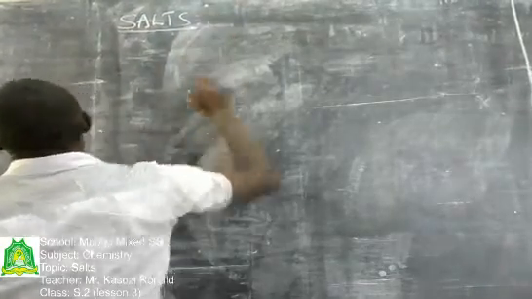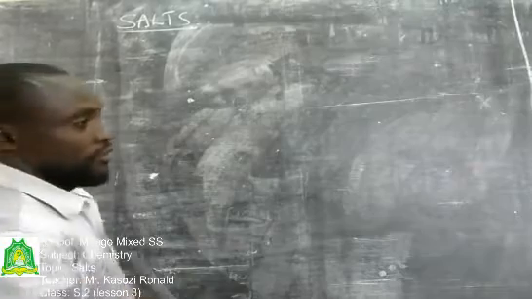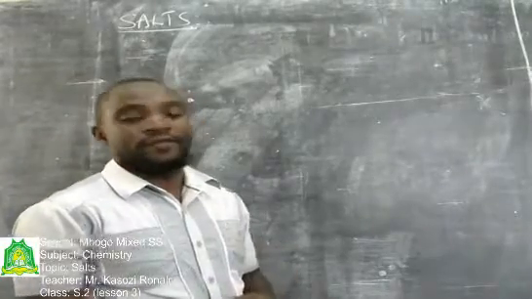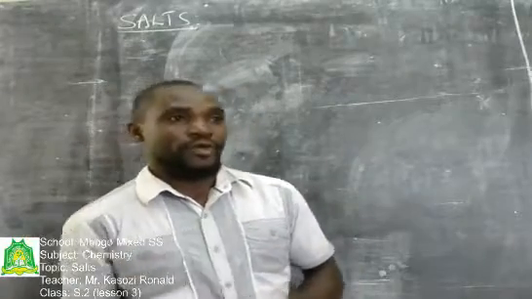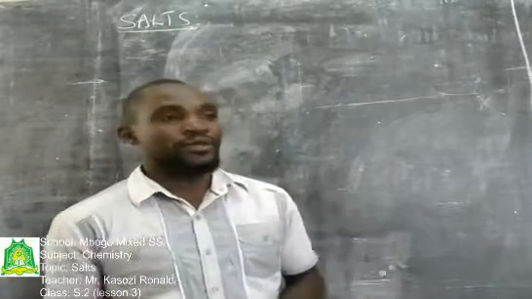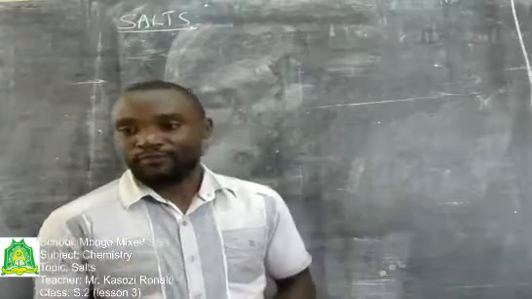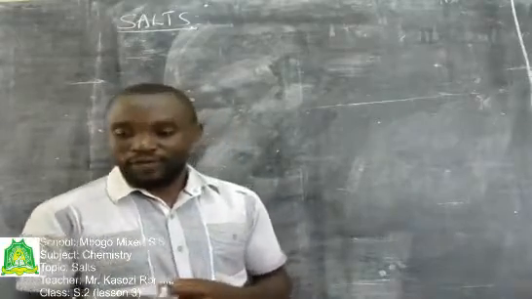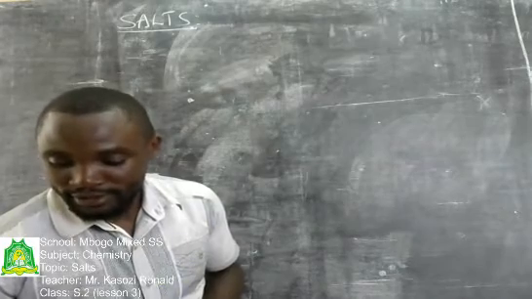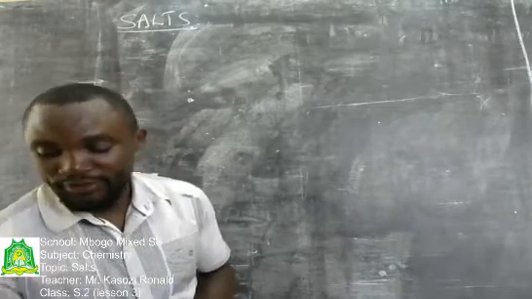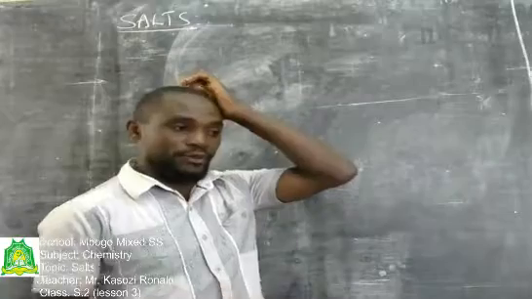Everybody knows what a salt is. At home you encounter different kinds of salts. Today we are going to learn what a salt is in particular and some different methods of preparing salts.